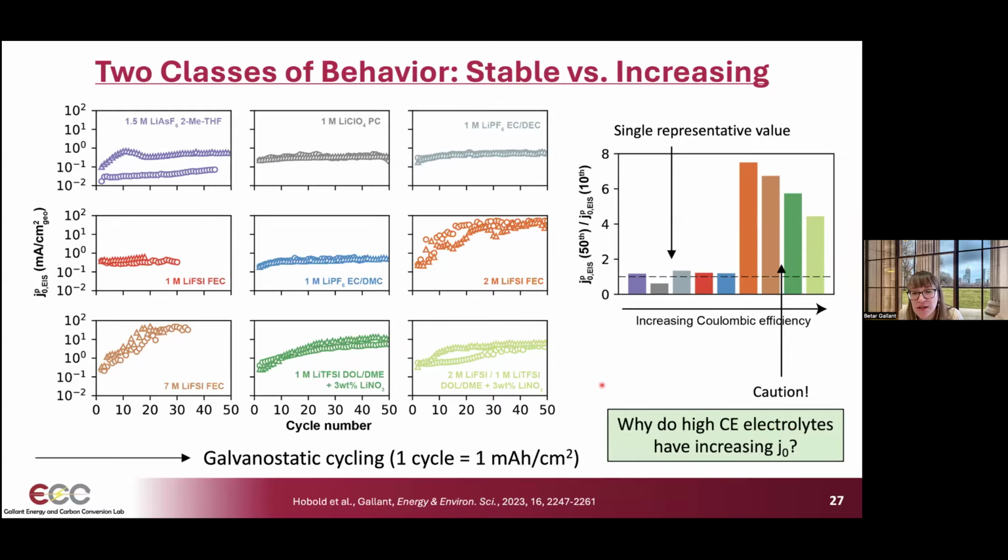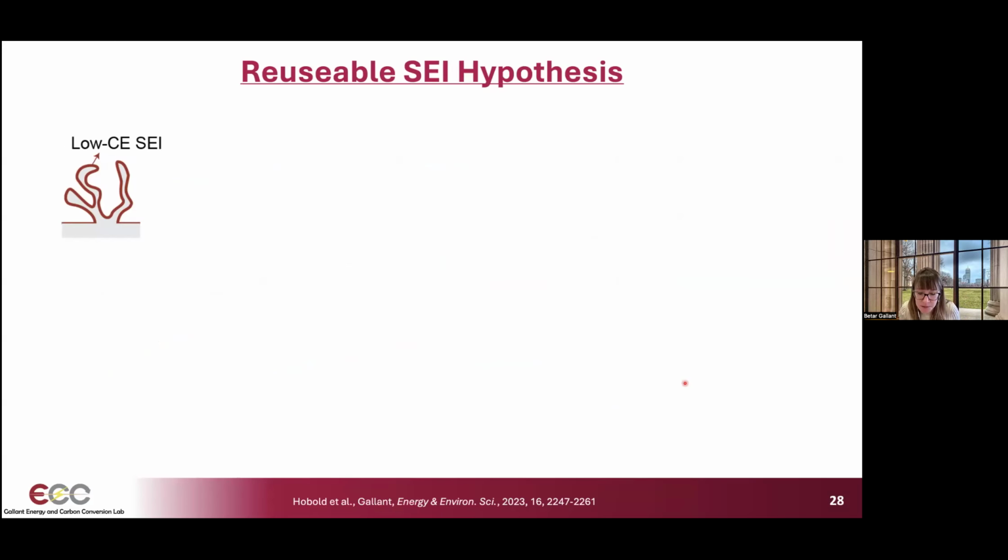You could think that it's a surface area phenomenon, but we tend to see actually lower surface area for higher surface area due to smaller deposits for lower Coulombic efficiency electrolytes compared to higher Coulombic efficiency electrolytes where we see less surface to volume ratio. And so that doesn't apparently explain this observation at first glance.